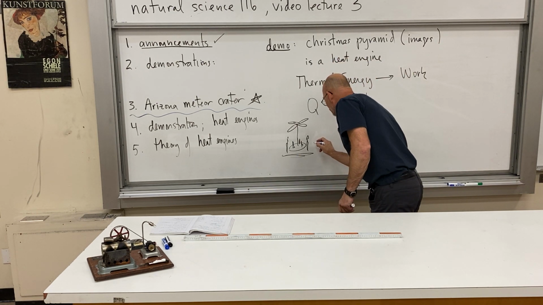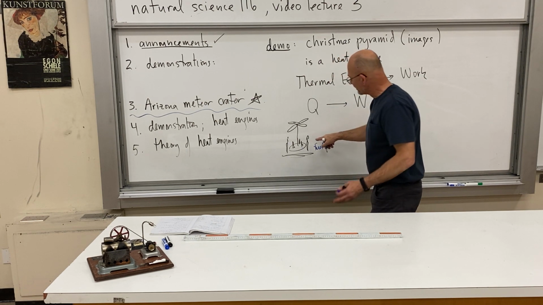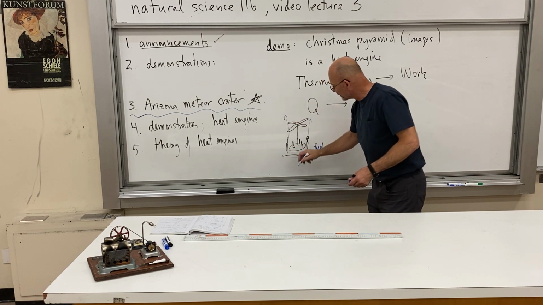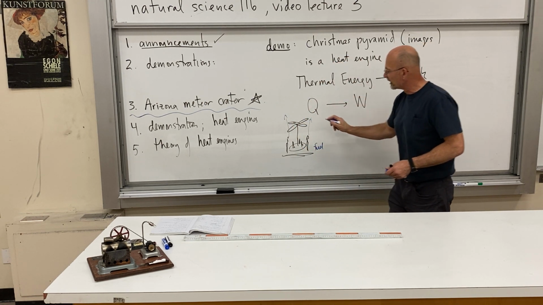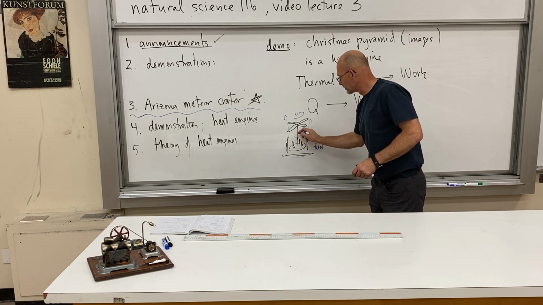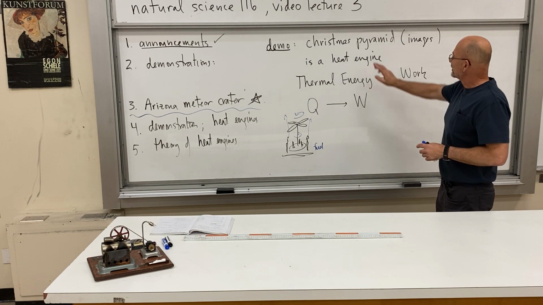And we had the fuel. Then we have combustion, heat of combustion. We have the convection currents. They're going through the turbine here and spinning it around. And that's how we get the rotation here, circular motion, okay?